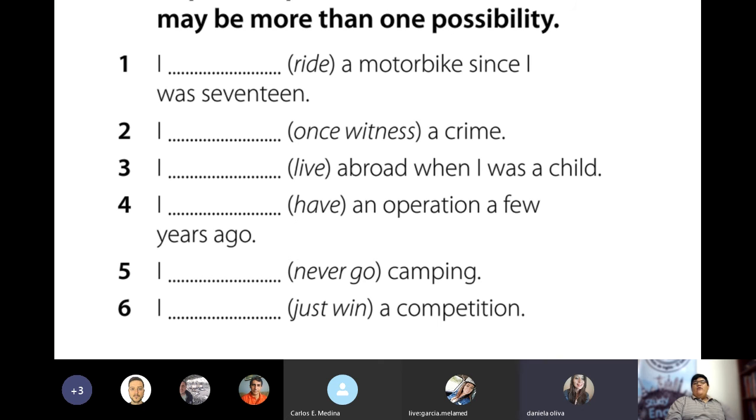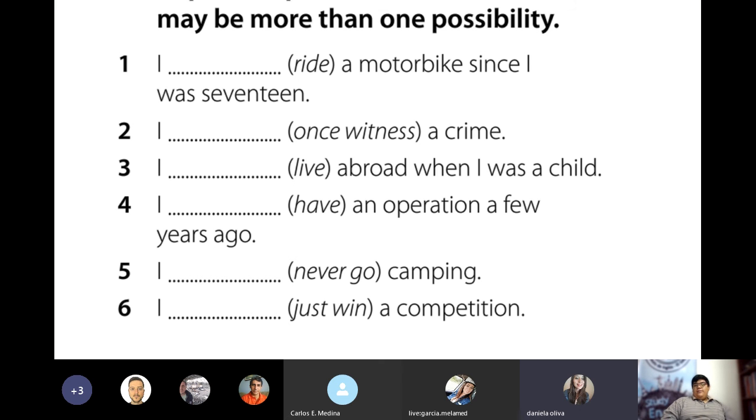For example, if we had a crime in 2010, I once witnessed a crime in 2010. There we have the time, it is a finished action. In this case, we don't have a time. So when we don't have a time, it is preferable to use the present perfect. It is referring to an experience. I have once witnessed a crime.